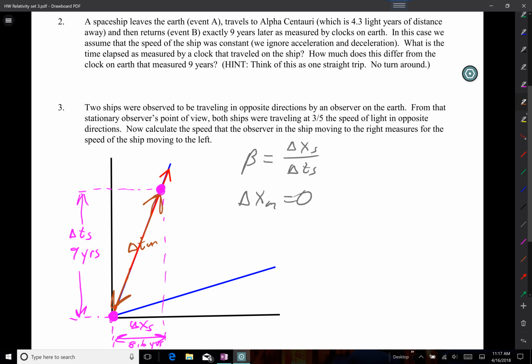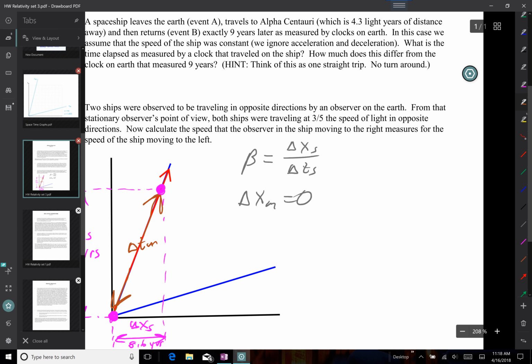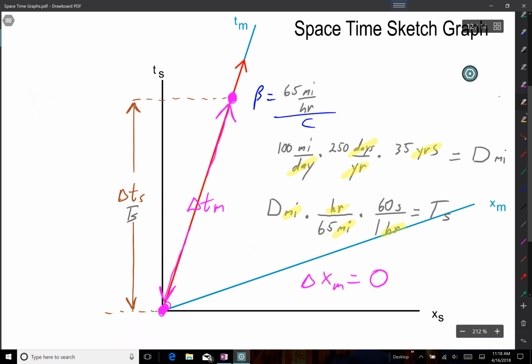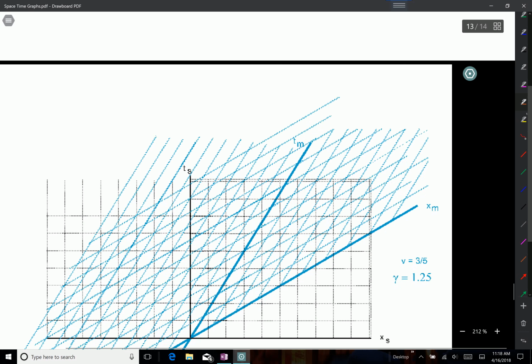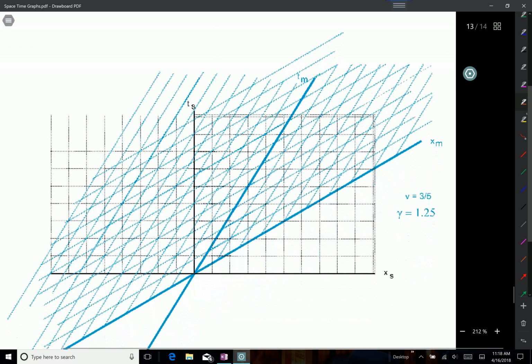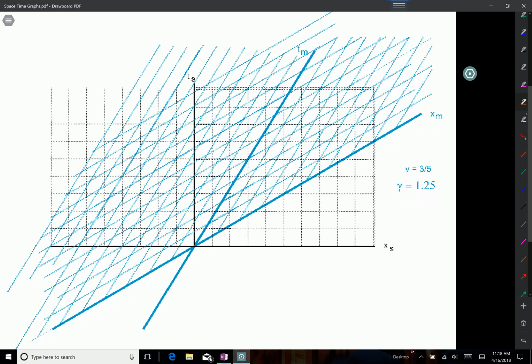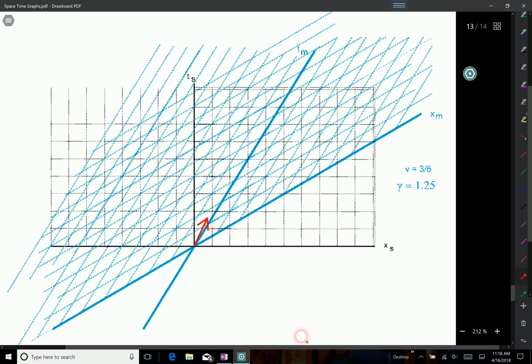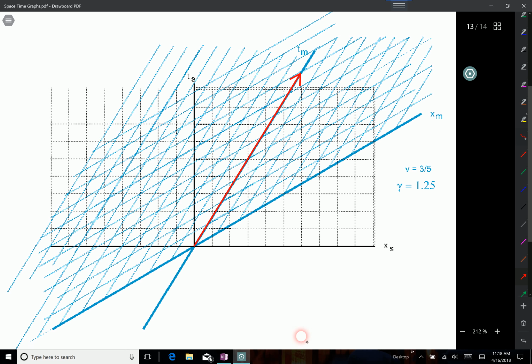And then problem 3, 3/5 the speed of light. Let's take a look. There, 3/5 the speed of light. This is a messy diagram, but we'll use it anyway. We have our moving observer moving to the right at 3/5 the speed of light.